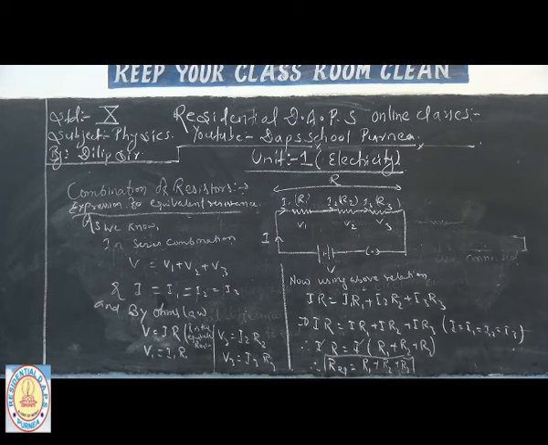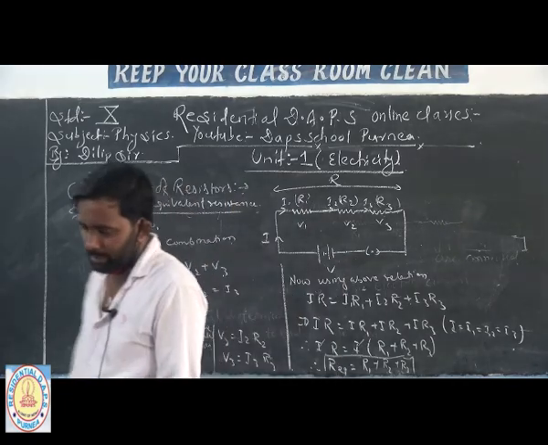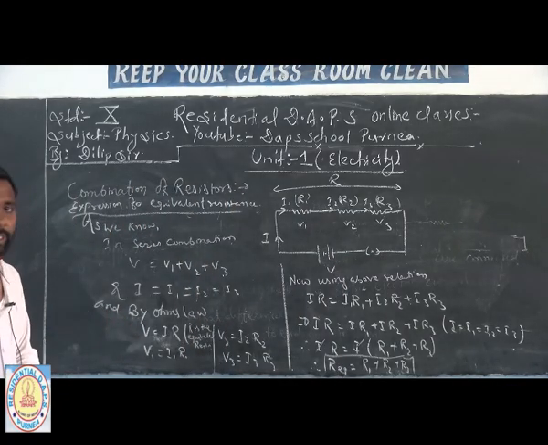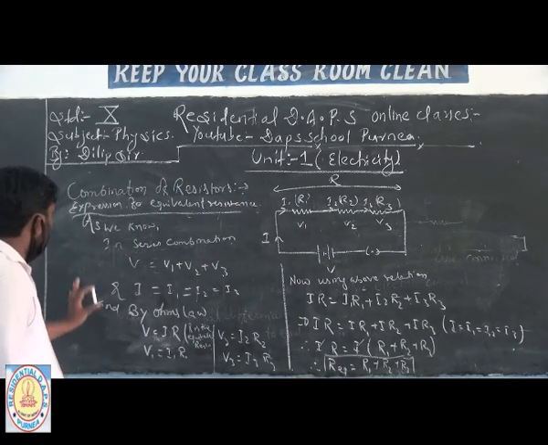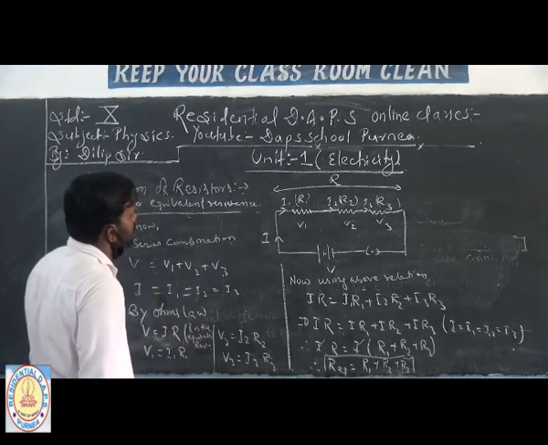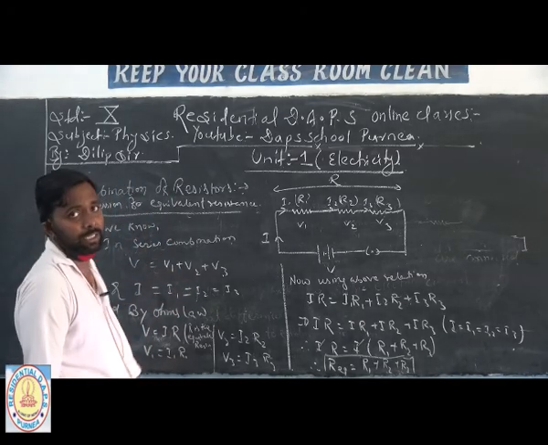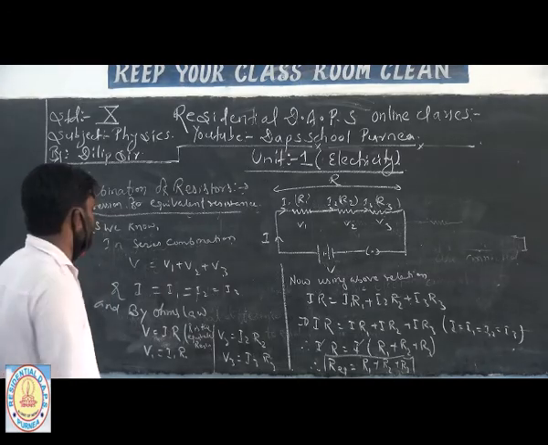Okay, now this completes the series combination. Now we are going to start the second type of combination of resistors, that is parallel combination.